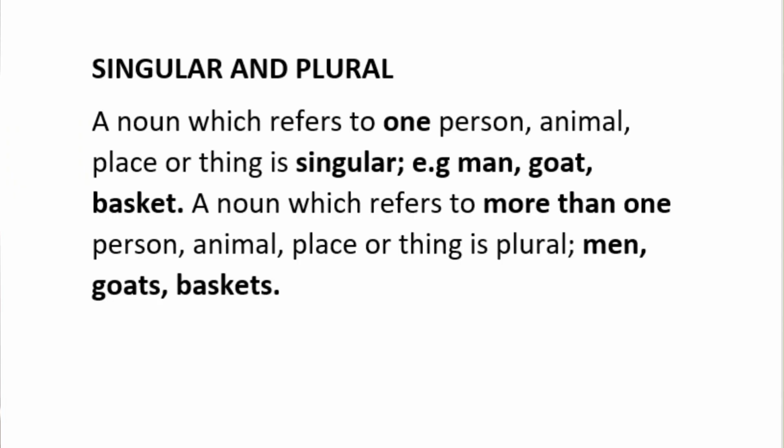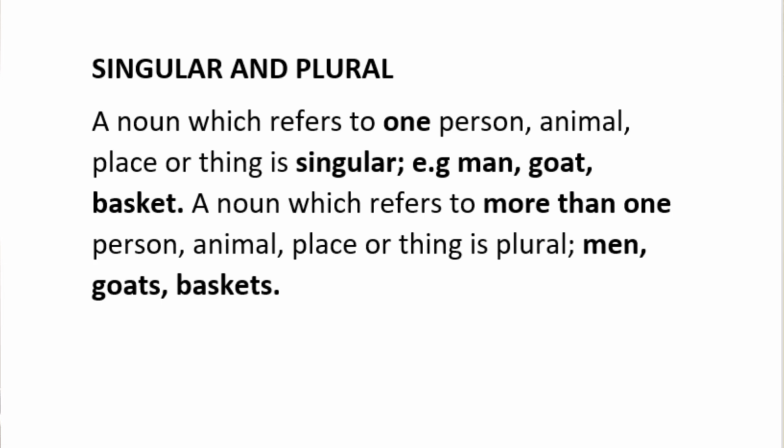A noun that refers to one person, animal, place or thing is singular. For example, we have man, goat, basket, and several other examples. A noun which refers to more than one person, place, thing, or idea is referred to as a plural noun.